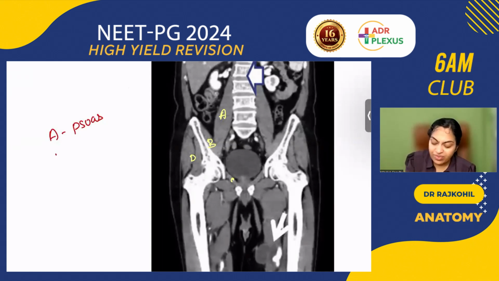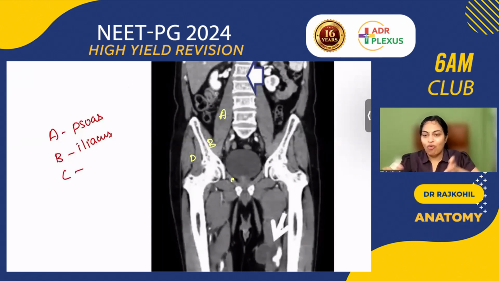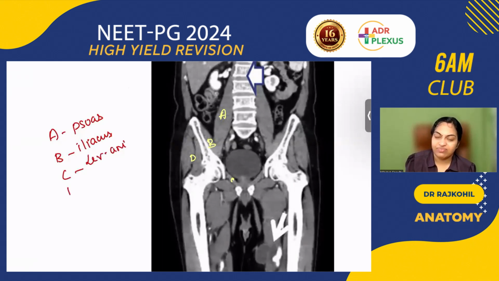What is B? B on the anterior surface of the iliac bone, iliacus. C, any idea what is C? Coming from the hip bone towards the midline, your levator ani, and D in the gluteal region, right?